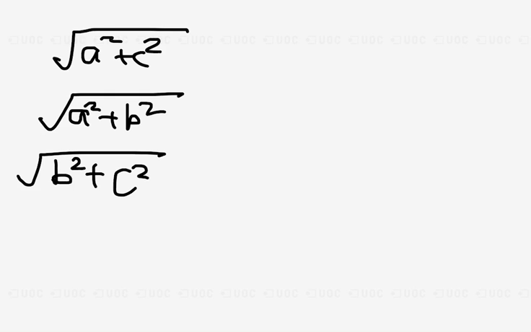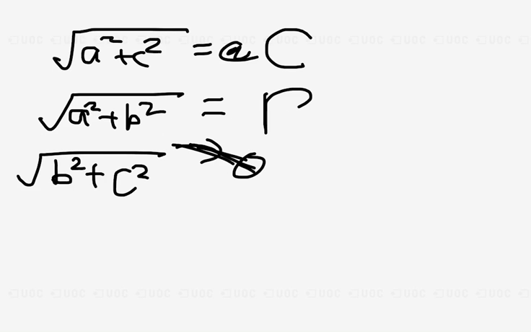We're just gonna find the theta between two of these sides, picking two random sides. It could be other sides and you still get the same result. So let this be, maybe, big C, big B, and big A.